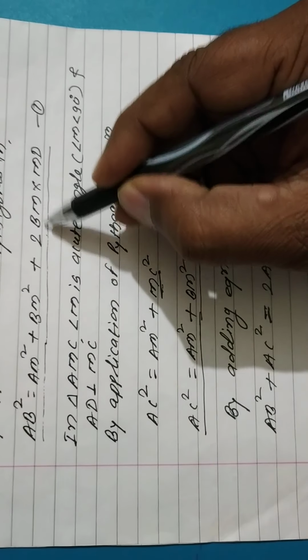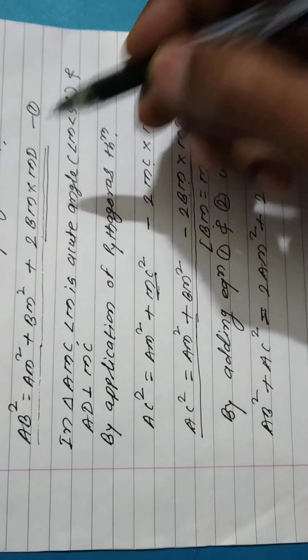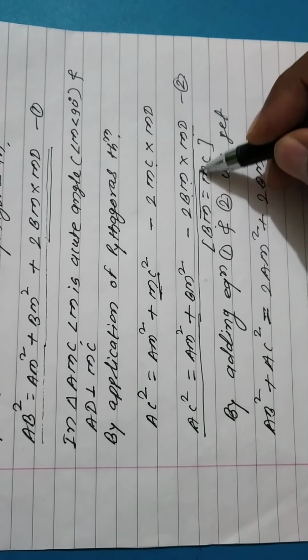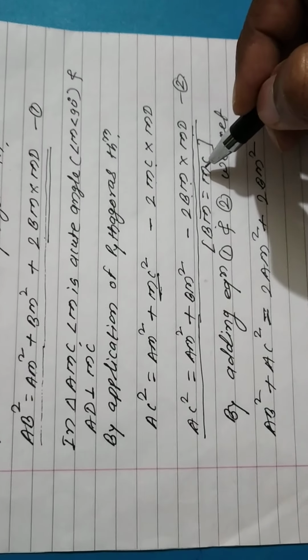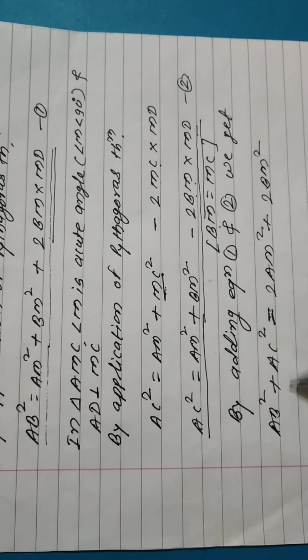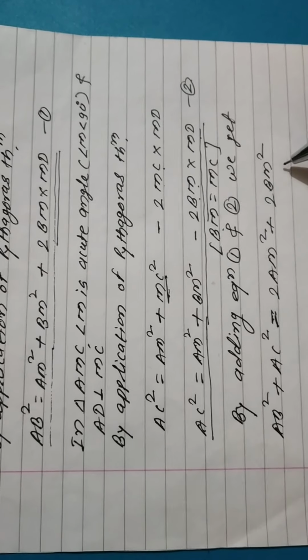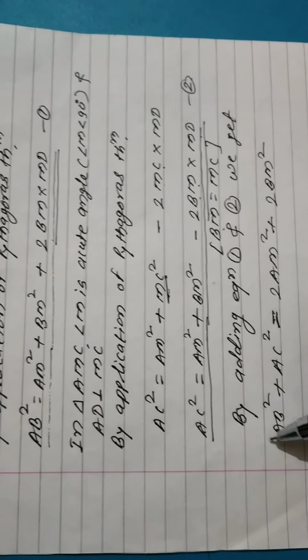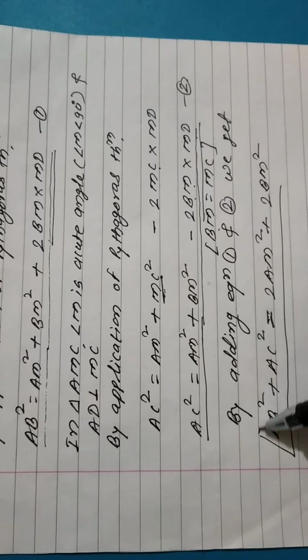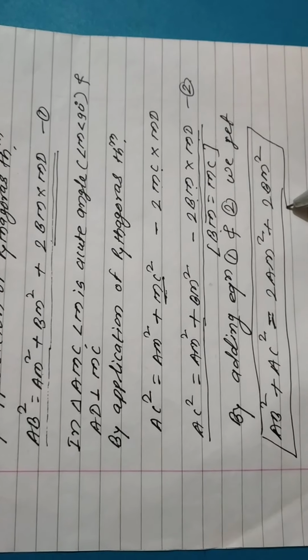Next, 2BM into MD and minus 2BM into MD, these two terms cancel. Hence what remains: AB square plus AC square is equal to 2AM square plus 2BM square. Here Apollonius theorem is proved.